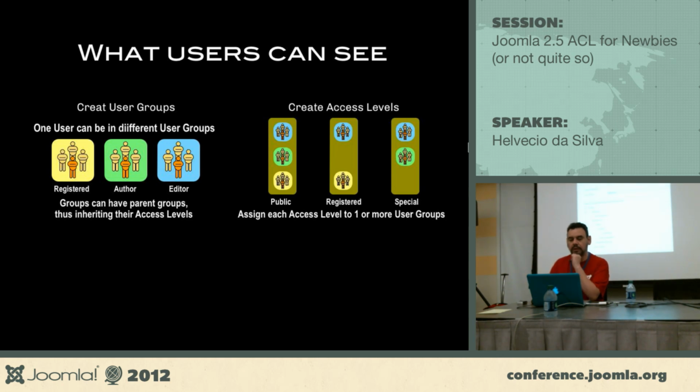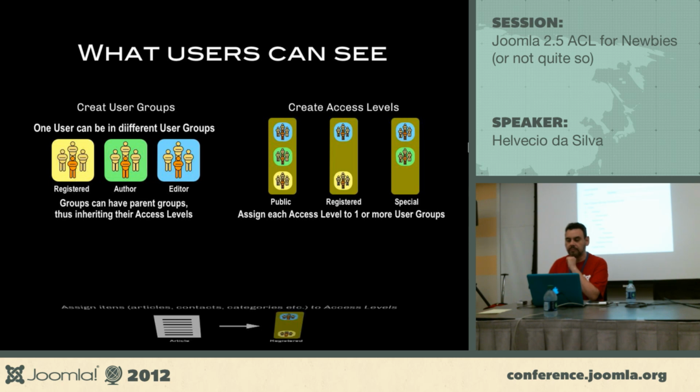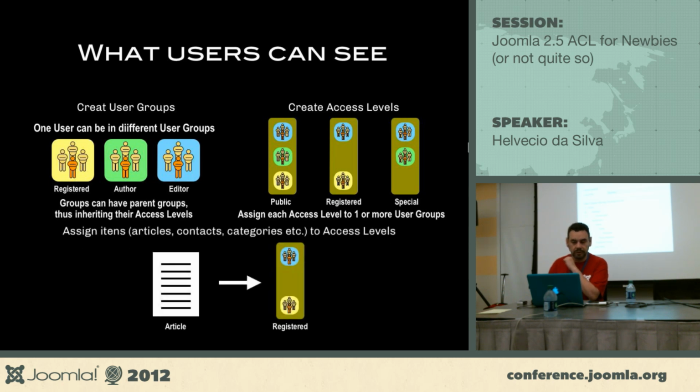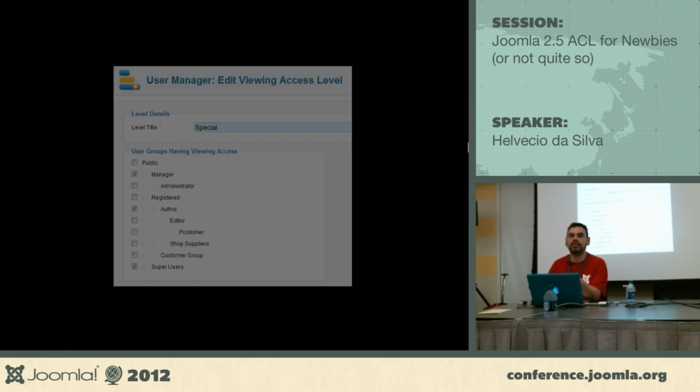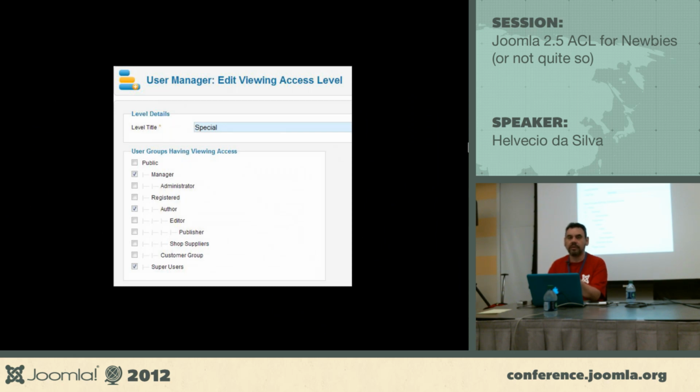This is the print screen from the special user manager, and this special group can see manager, author, and super users. Okay, so anyone who has this access level can see whatever is assigned to these groups.